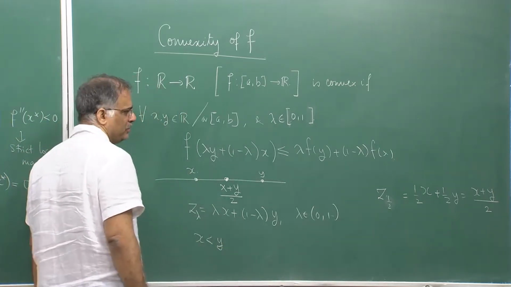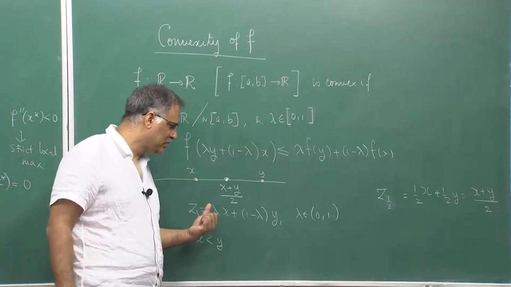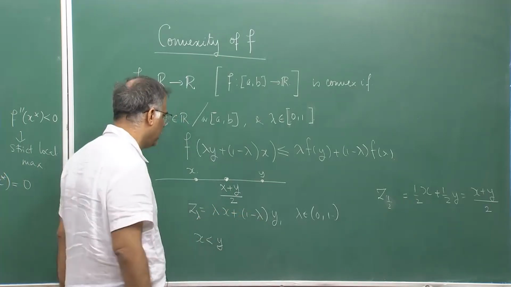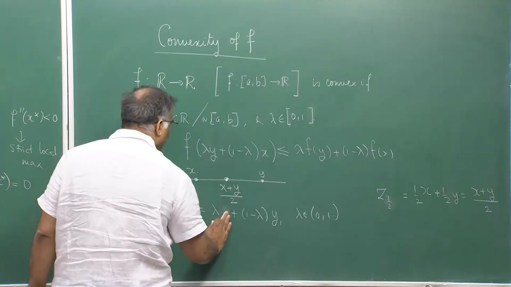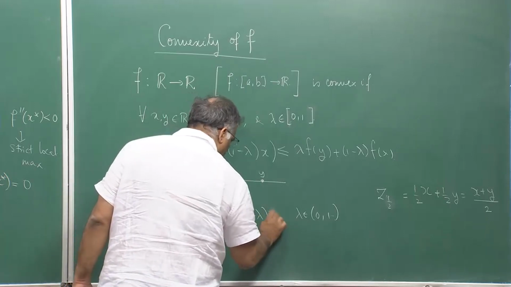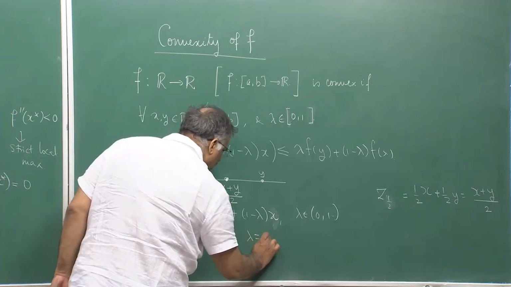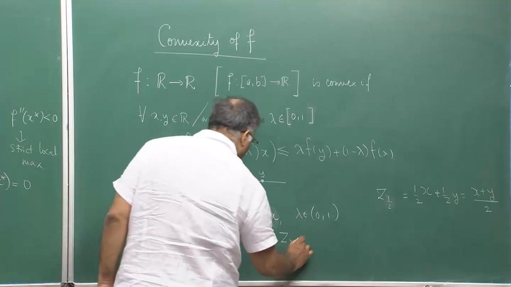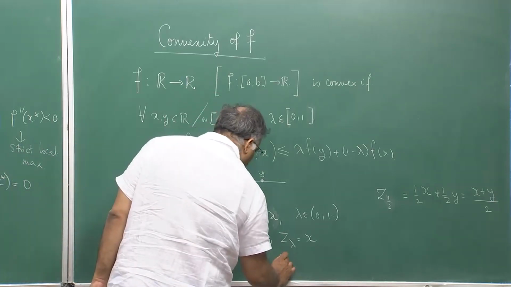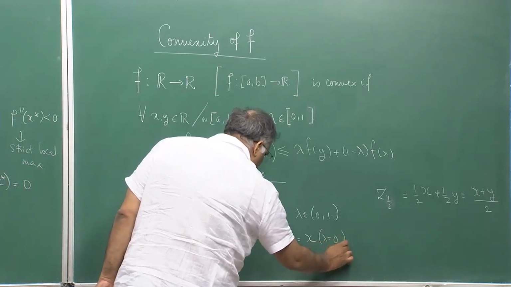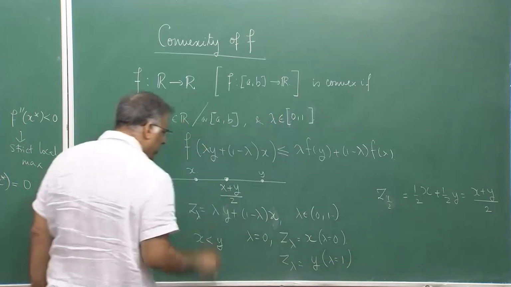Now, if I put lambda equal to 0, I get x, and if I put lambda equal to 1, then z lambda equals y, and between 0 and 1 the half lies.